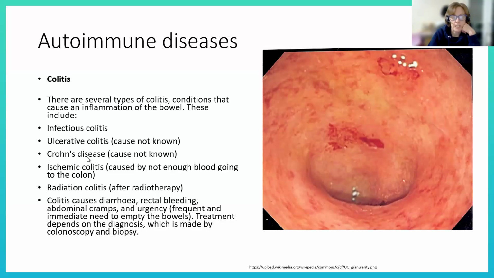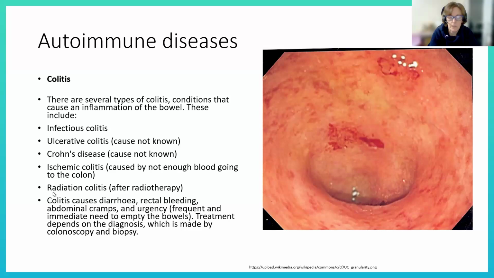Crohn's disease, which is inflammation of the small intestine rather than the large intestine, again, autoimmune, is probably caused by an infection triggering it. Ischemic colitis means there's not enough blood getting there, so that's not autoimmune. Infectious colitis is not autoimmune either, but ulcerative colitis and Crohn's are both autoimmune.